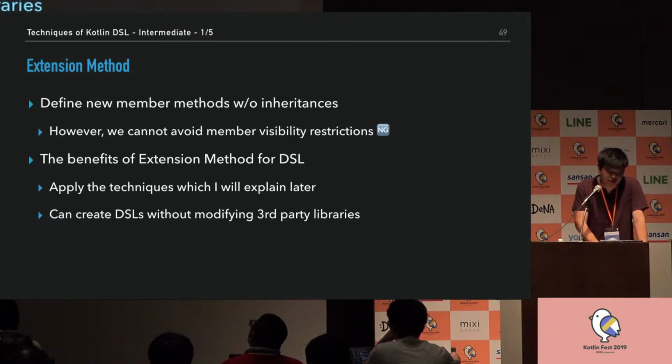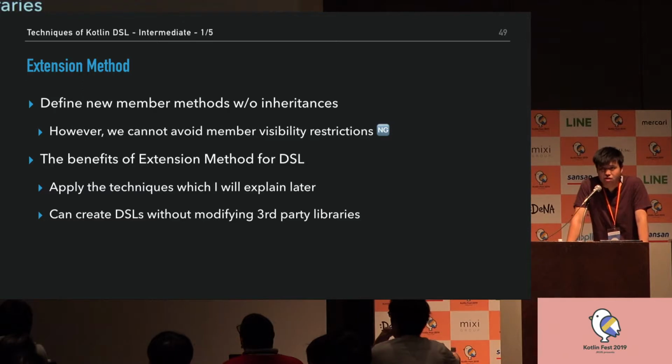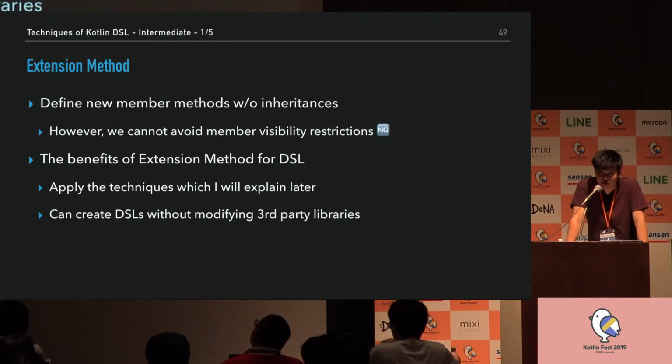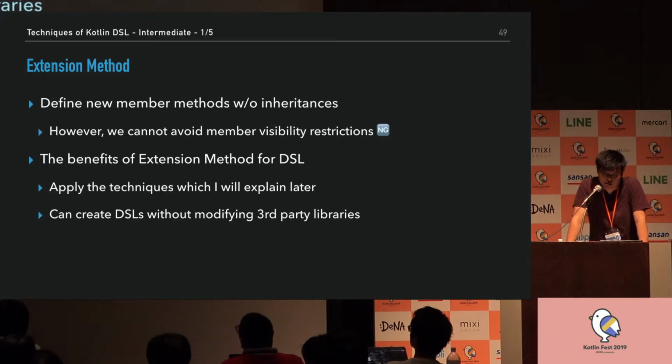There is no example, but I think you all know this feature, and you understand its power. We can define new member methods without modifying existing code or inheritance. However, member visibility restriction cannot be avoided. We cannot access invisible members like private members from an extension method.